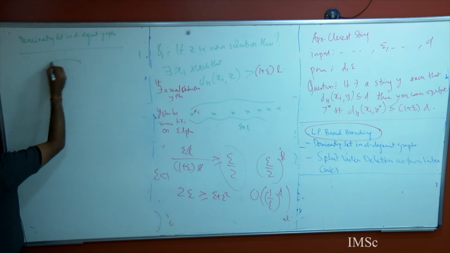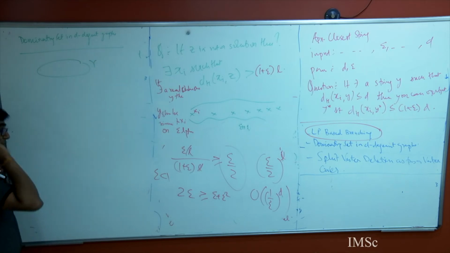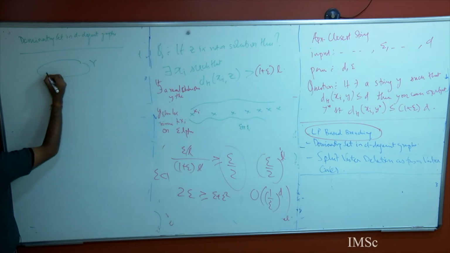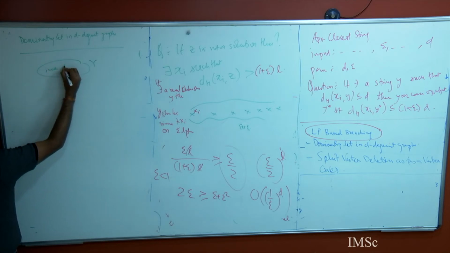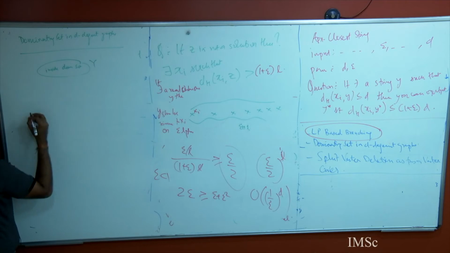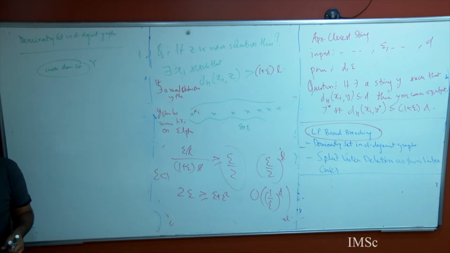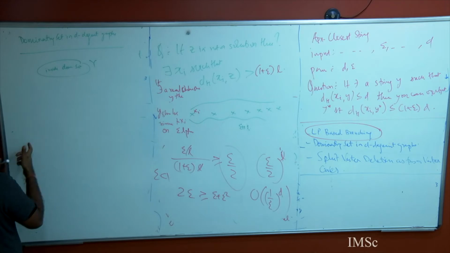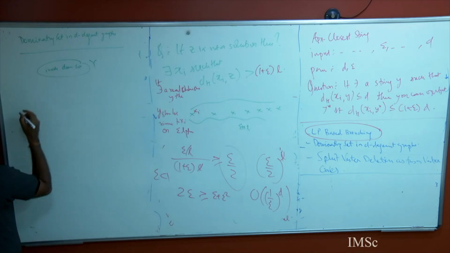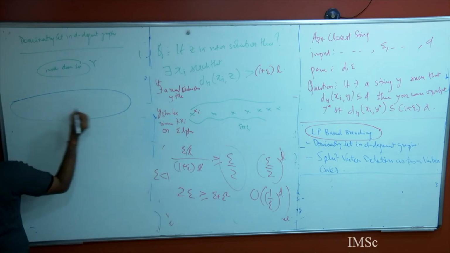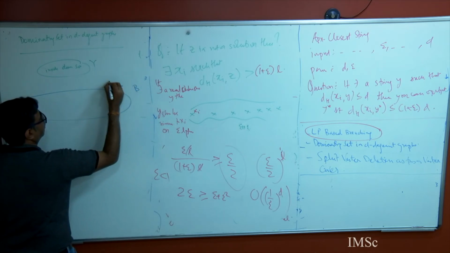At any point of time you will have a set Y, which is inside the dominating set. You have made a decision, right? And there will be some vertices which are already dominated. Let us call this B, dominated.